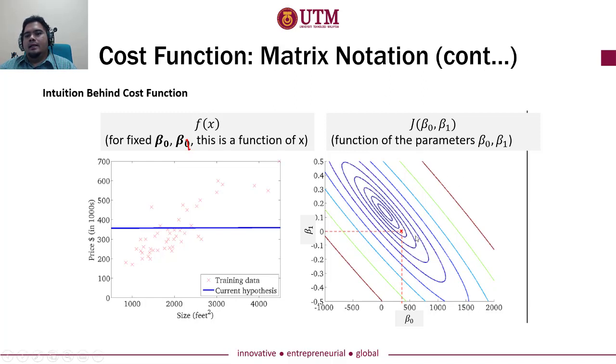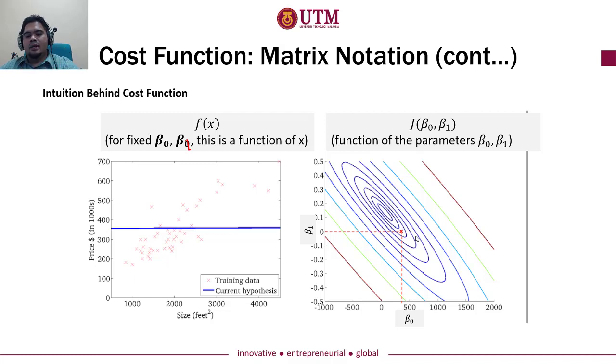But at the end, what we want, if we talk about our main objective, is to find the linear regression model that can fit as best as possible with the given data.